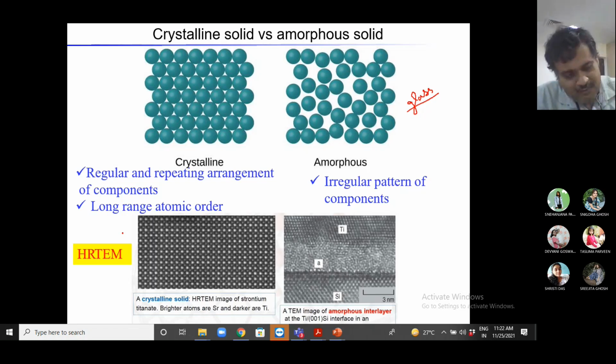That is why when mobile phone glass cracks, it only cracks from the side, not from the center. Never, unless you use a sledgehammer and try to poke it. But had it been a regular glass, it could break from anywhere. So that is the difference between a crystalline solid and an amorphous solid.